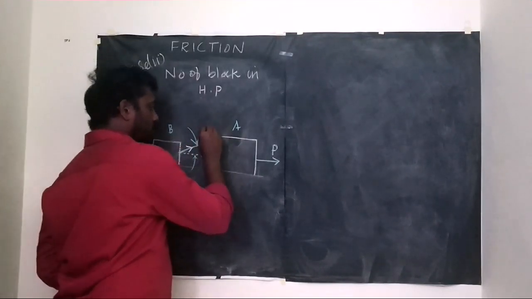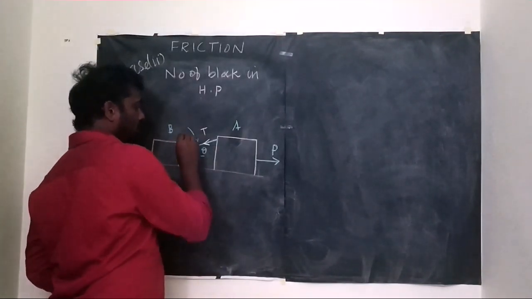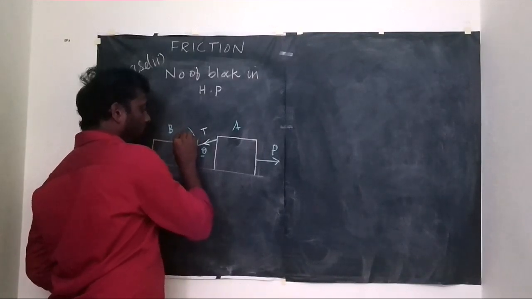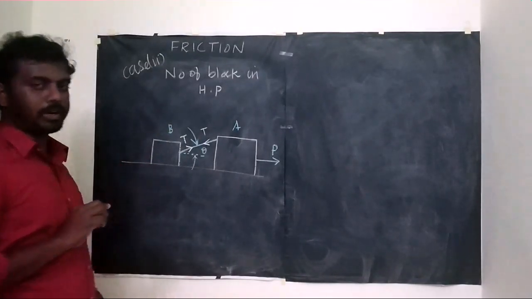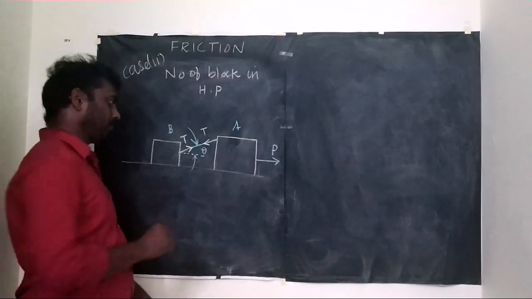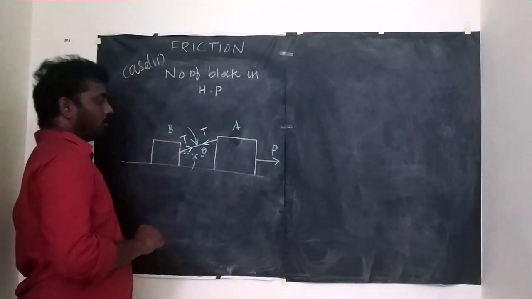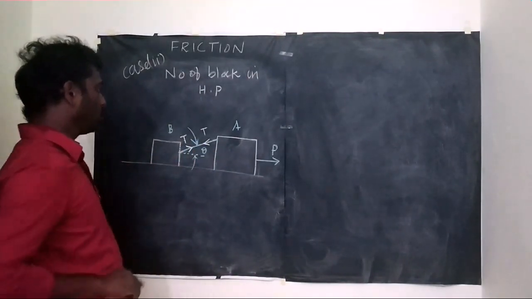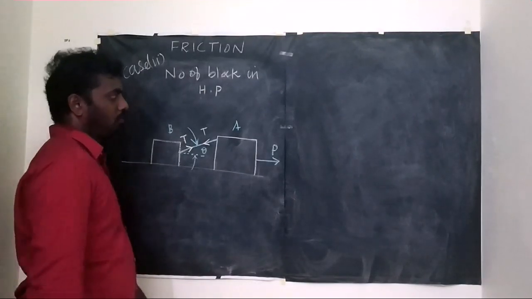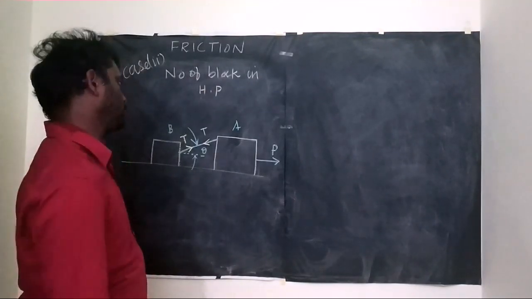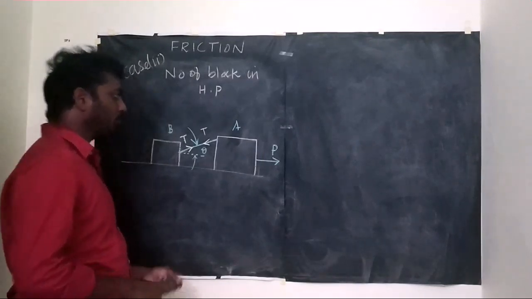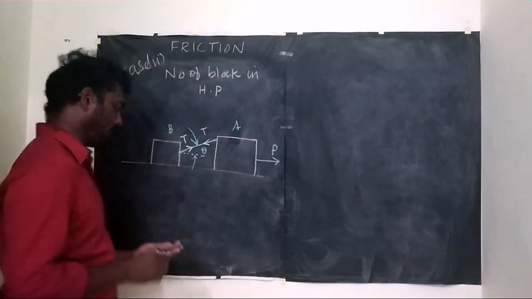This tension T and this tension T are both the same value but in opposite directions. This is the ideology. Now I am going to study this system with the help of static equilibrium equations. Now I am going to draw the free body diagram of block A.